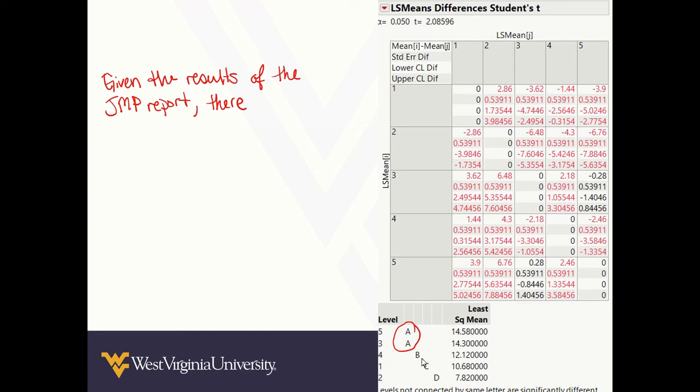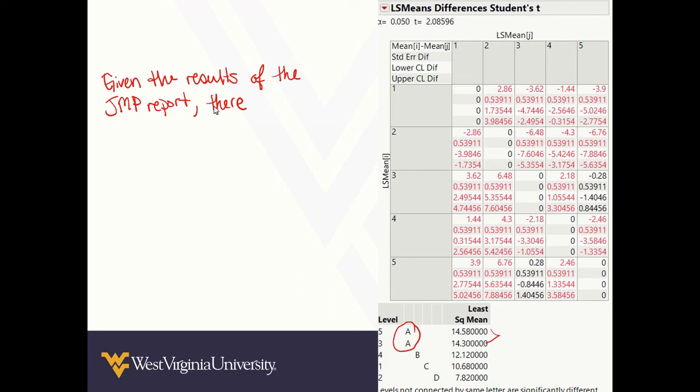There is difference at level 4, 1, and 2. And as we were thinking of gas mileage, we ideally want higher gas mileage, meaning we want to go further per gallon. And so we would want the highest mean.